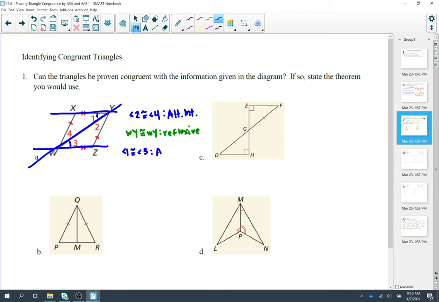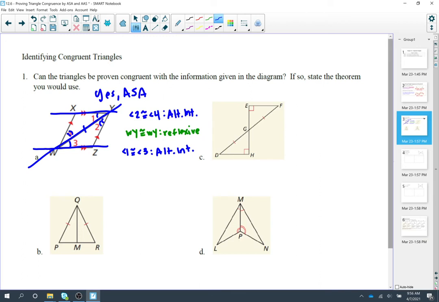And the reason here is also alternate interior because we have parallel lines. So now it looks to me that we've got an angle, the side in between, and then another angle. So here we could say yes, and the theorem would be angle, side, angle.